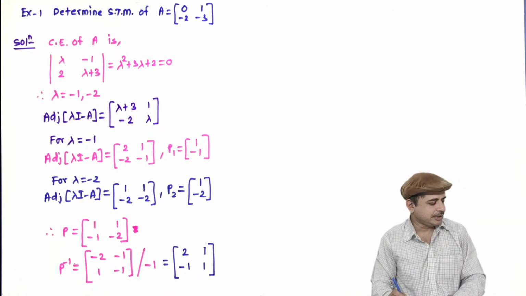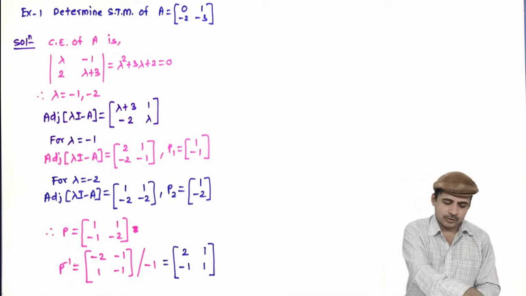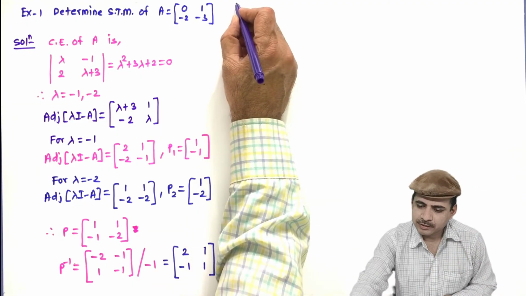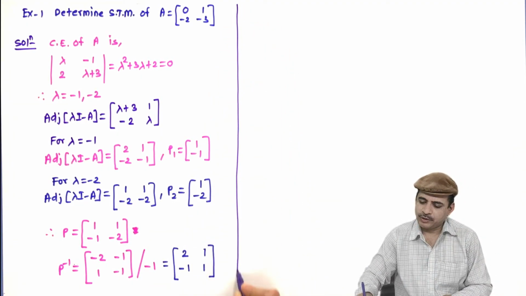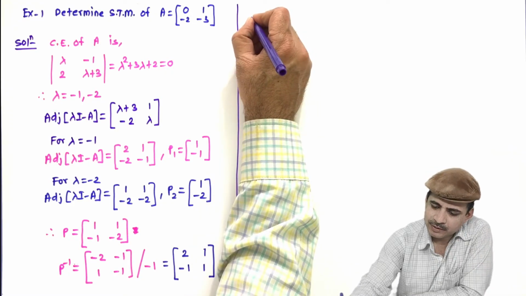So this is the matrix P inverse. Then next I have to find out e raised to Dt.